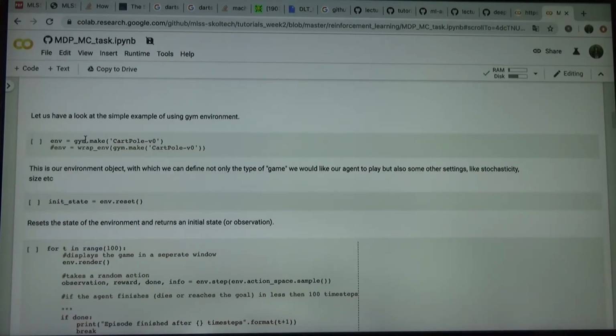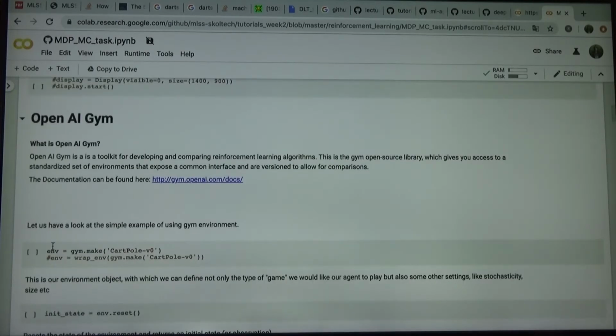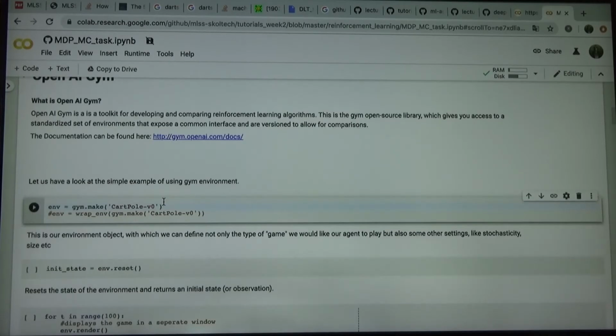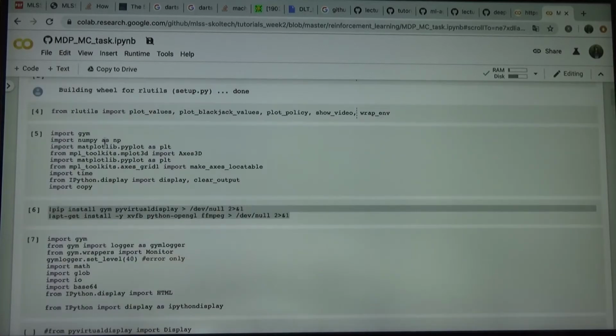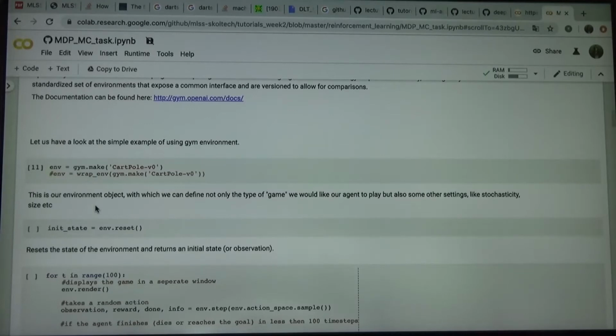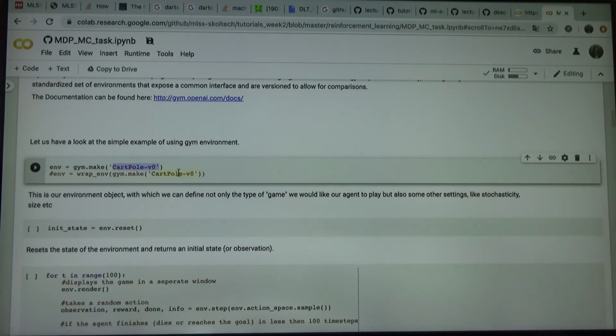So this is a small introduction on how you can run OpenAI Gym. First of all, we of course import OpenAI Gym. It's already pre-installed in Colab, and you call the make method, and as an argument you put the name of the environment that you are going to use.